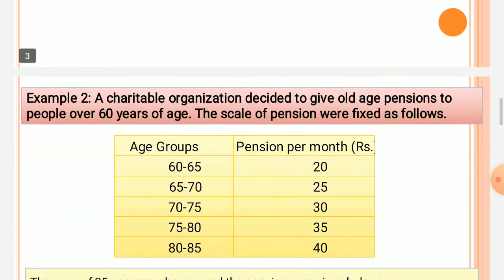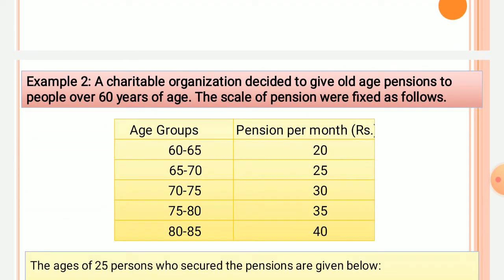Now calculate another example, example 2. A charitable organization decided to give old age pensions to people over 60 years of age. The scale of pension was fixed as follows. Age groups 60 to 65, 65 to 70, 70 to 75, 75 to 80, 80 to 85, and pension per month is given as 20, 25, 30, 35, 40.